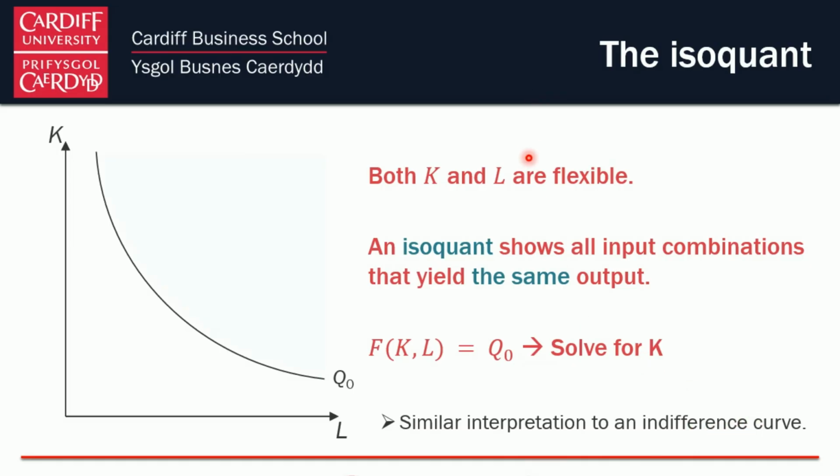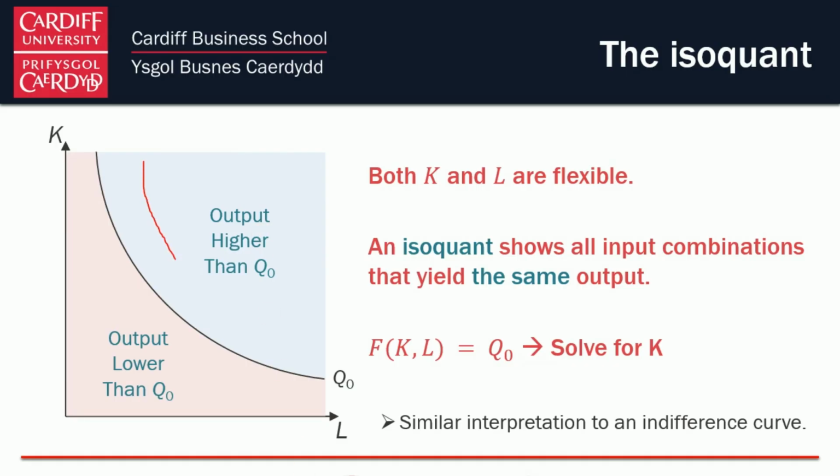Anything above that curve has higher output than Q0. Anything below that curve has output lower than Q0. So you can imagine the entire space being filled with these curves like that. So that would be associated with a higher amount of output than Q0, and this one would be associated with a production level that is lower than Q0.